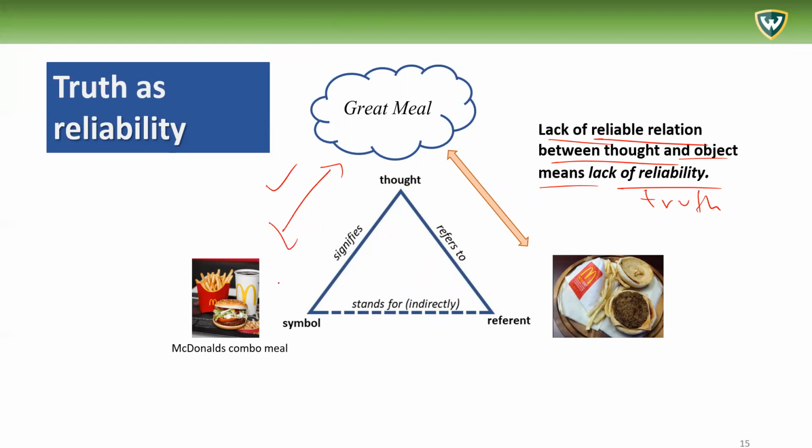You usually get a good meal from McDonald's, and this is why you associate a great meal with this image here, and that makes sense. But now all of a sudden you start getting this crappy actual hamburger. So the concept that you have is not a reliable representation of the actual object.